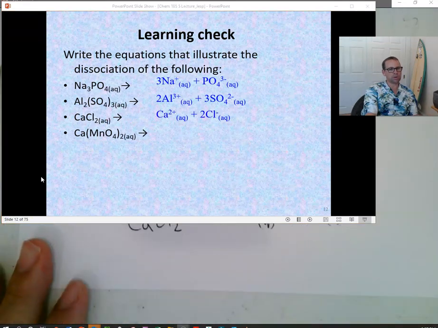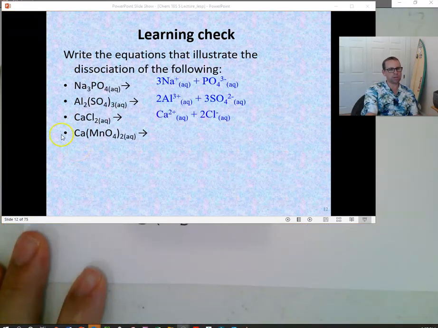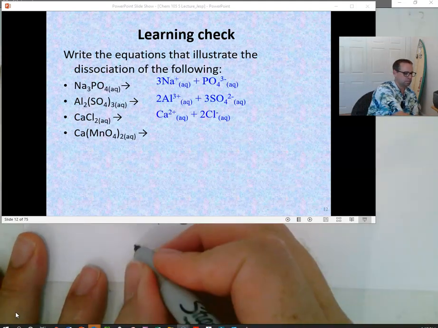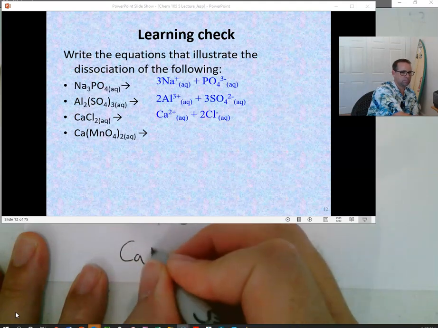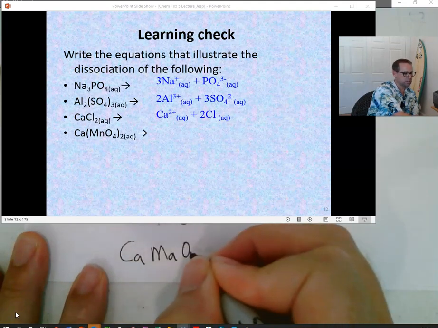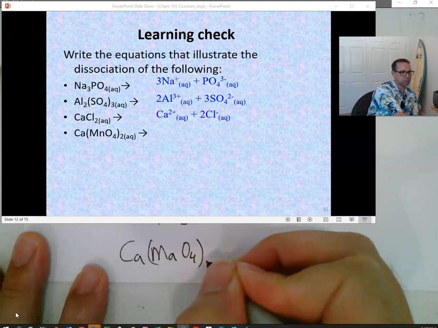All right, let's see for our last one. What's the name of that compound there? Calcium. Permanganate. Very good. Calcium permanganate.